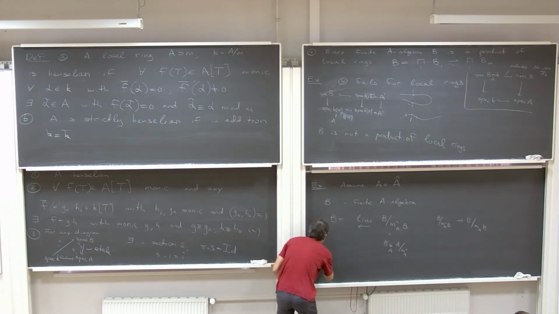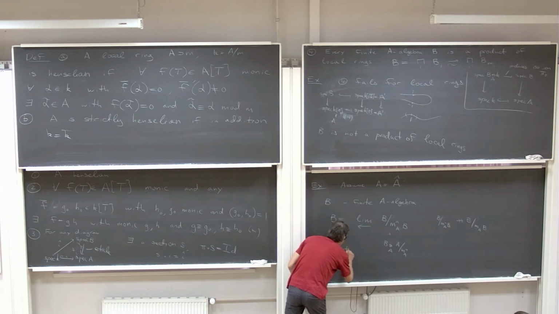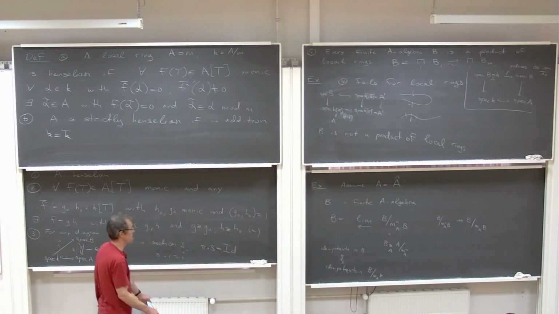So idempotents in B, in B mod Mi. Okay. And this implies the result.